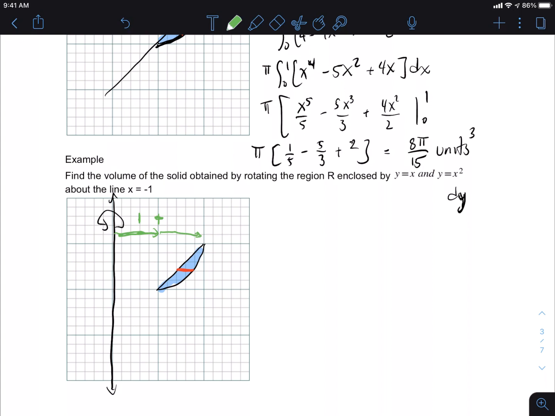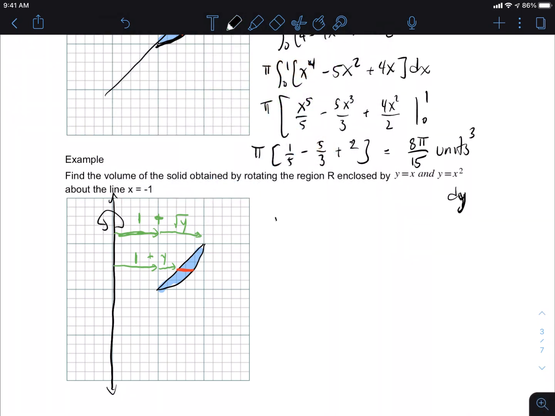Square root of y. So this would be square root of y. So we see that the outer radius is going to be 1 plus square root of y. The inner radius, it's going to be 1, right? We can see we haven't gotten there yet to the inner piece. What's the inner piece going to be? Just y. So it ends up being 1 plus y.